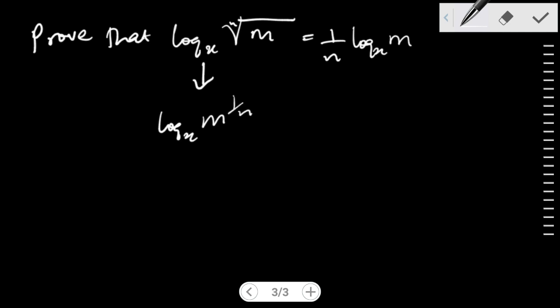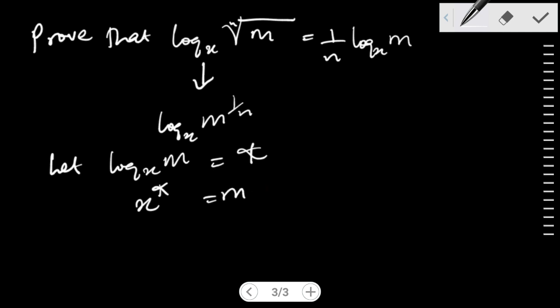Now, having known that, what we are going to do, we're going to say let log of x m be equal to, let me use k in this case. So out of that, we are going to have x to the power k would be equal to m.